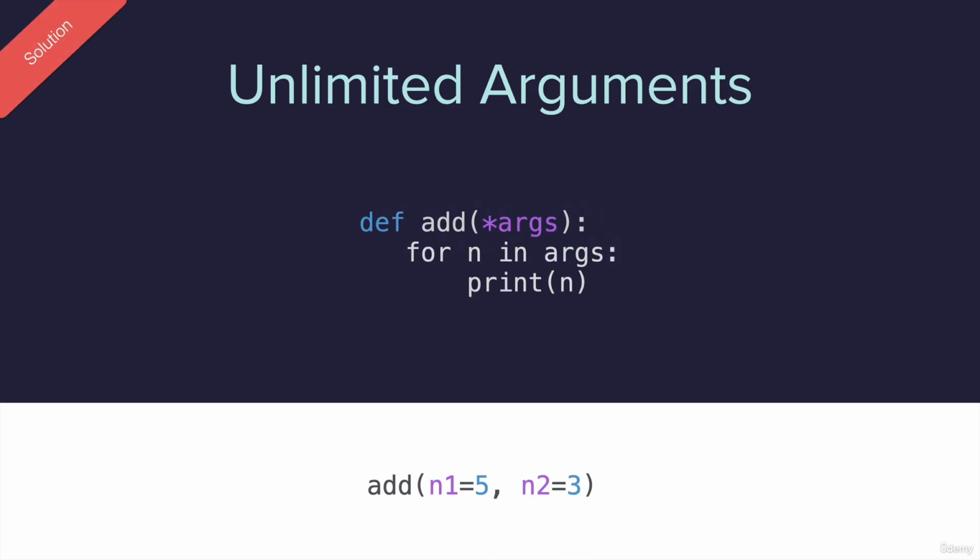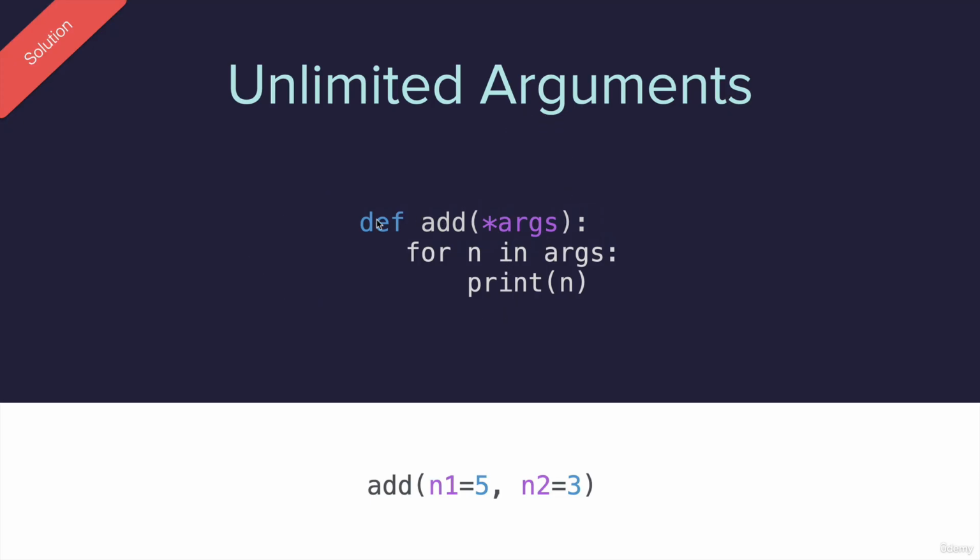Well, what I can do is simply change the code to use this asterisk and then the name of my parameter. That name, args, is by convention what most Python developers will use, and it simply stands for arguments. But you don't have to stick with that naming if you don't want to. What you do need is that asterisk. That's the really important part. What that tells Python is this function add can accept any number of arguments.